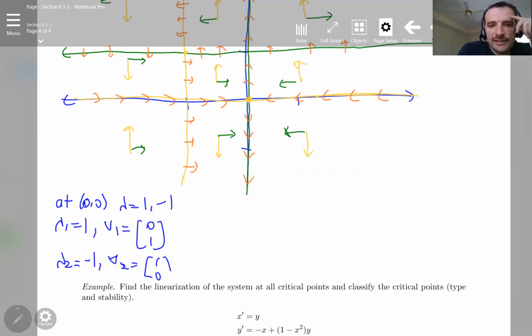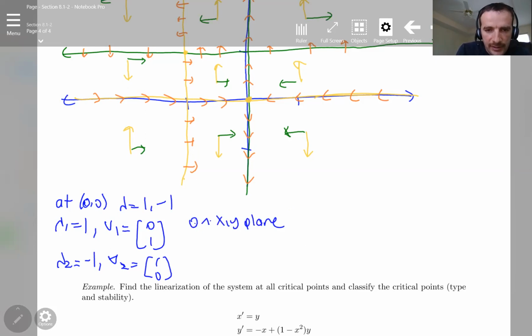But remember, these are the values for u and v. But I need to find the values for x and y. But at (0, 0), u is equal to x and v is equal to y, right? That's why, if you just want to convert these eigenvectors to the xy plane, we still get the same eigenvectors.